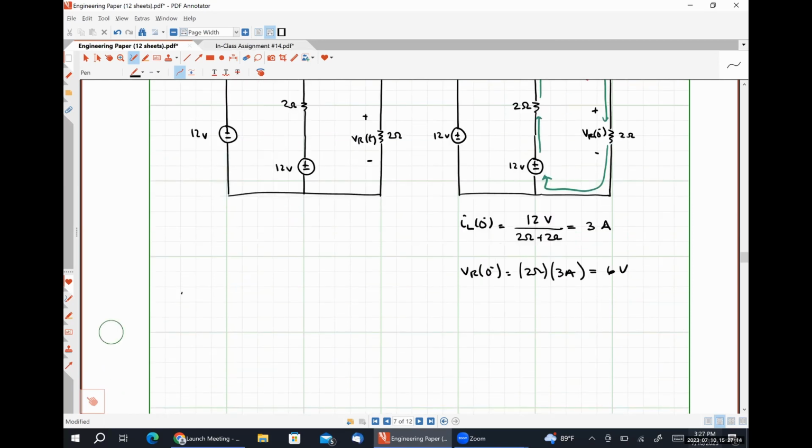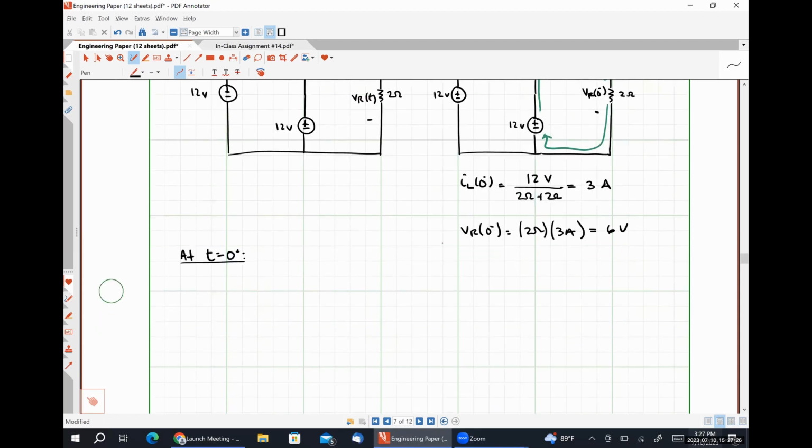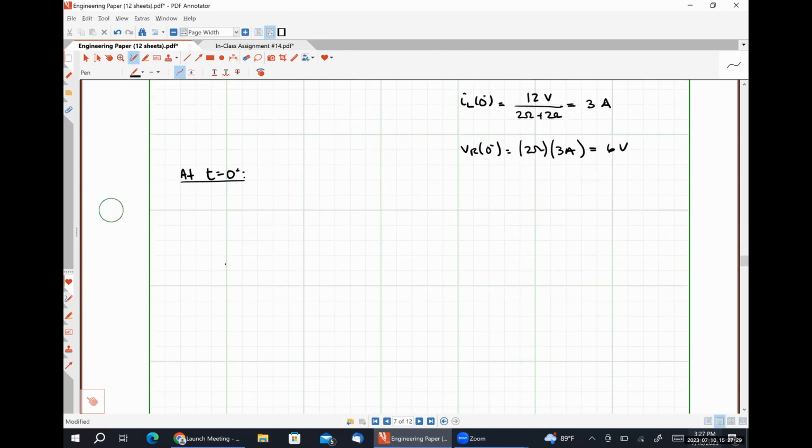All right, so at t is equal to 0 plus, now our switch is going to be closed. There's 12 volts. Here's my closed switch, 2 ohm resistor, my other 12 volt source, four ohms.